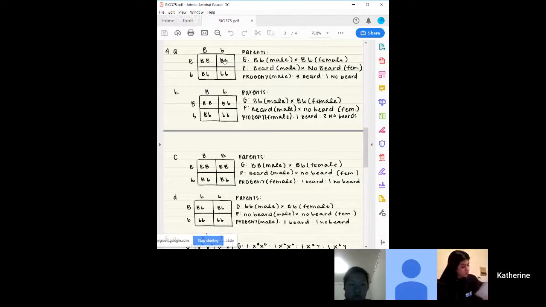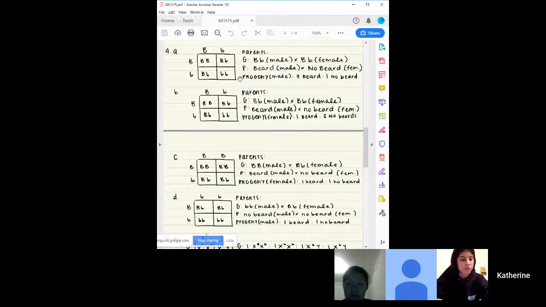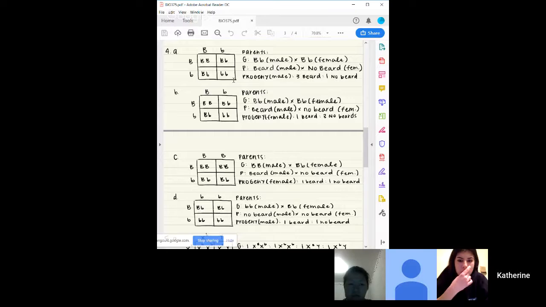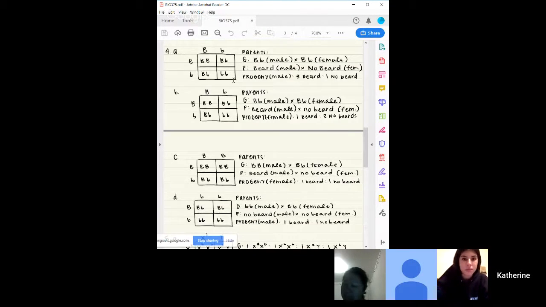So I just kind of looked at it like that. And in this first cross, I knew that in a normal Punnett square, to get a 3-to-1 ratio, you have to have heterozygous parents, because you want 1/4 to be recessive.